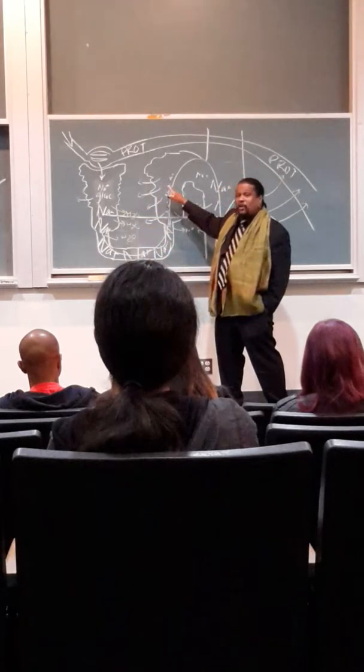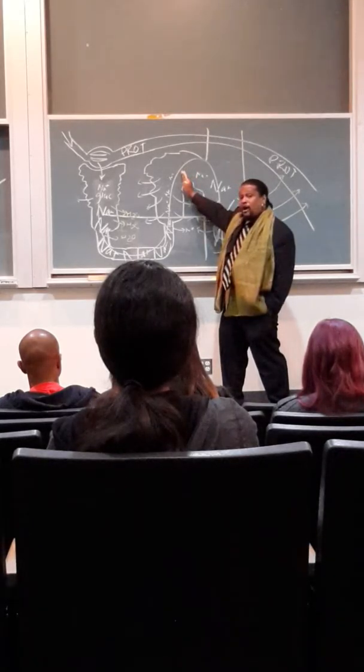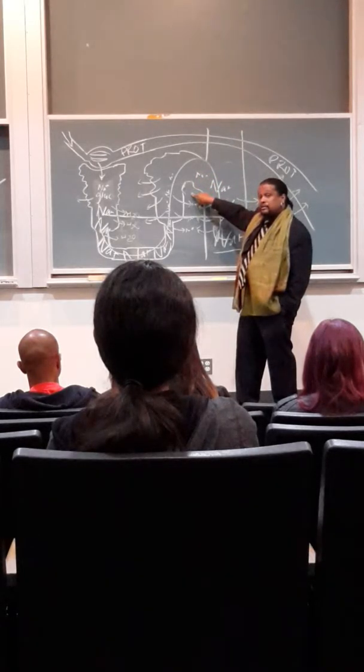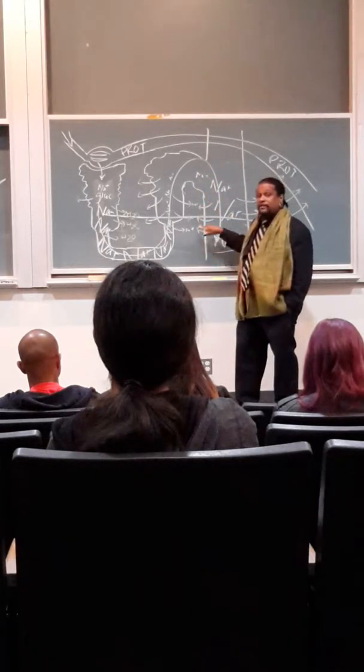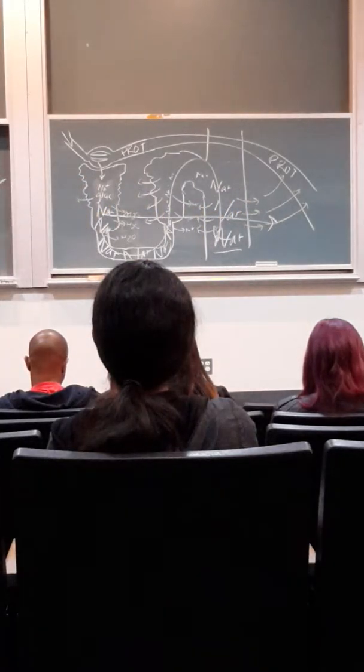This is not regulated. That's always happening. What's regulated in terms of how much sodium and water ends up in your urine is the distal convoluted tubule and the collecting duct. How much sodium comes out here and how much water comes out of the collecting duct. That's what's regulated. But the ascending and descending aren't regulated. That should be happening all the time.